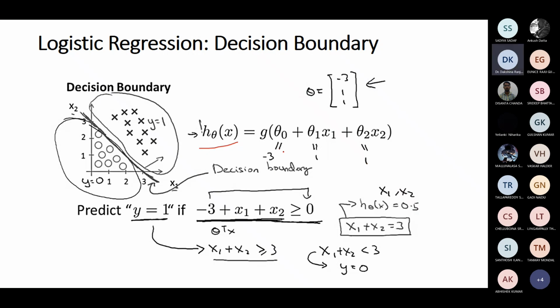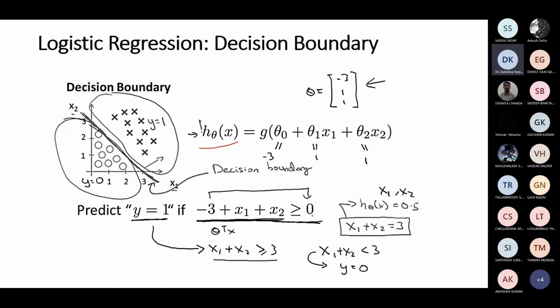Now, when we put all this coefficient value or weight value into this hypothesis equation, what will we get? If we predict y equals 1, let us consider this hypothesis equation and put in the coefficient values. We get minus 3 plus x1 plus x2 greater than or equal to 0.